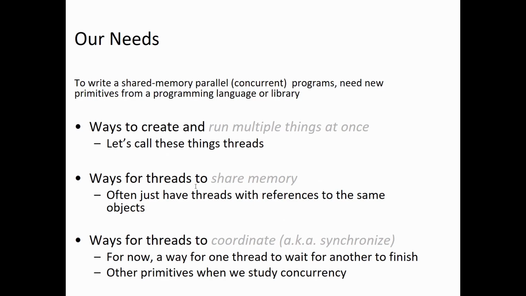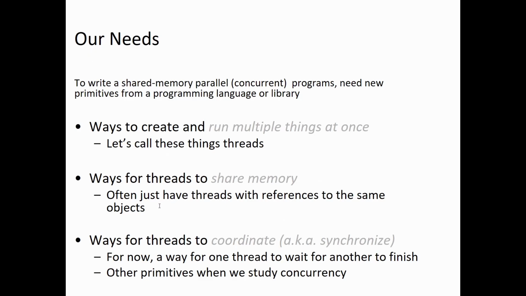We need ways for threads to share memory, and in languages like Java or C# it is quite simple, since all objects are accessed by references. If you share a reference to the same object among two threads, we solve the problem.